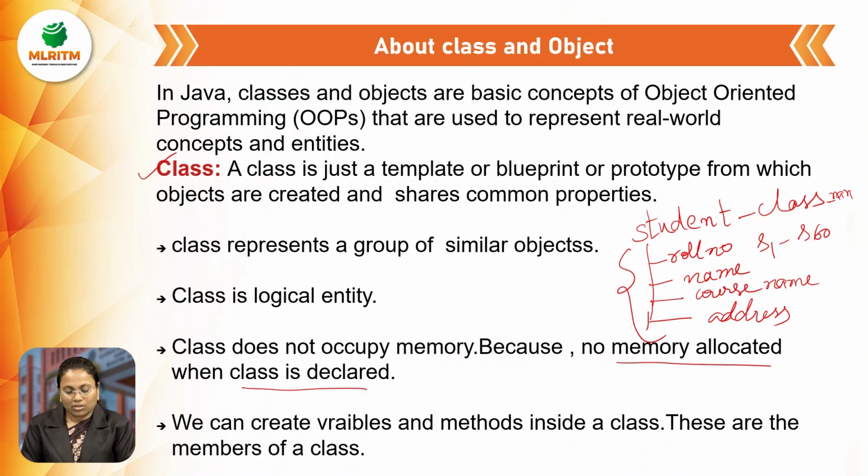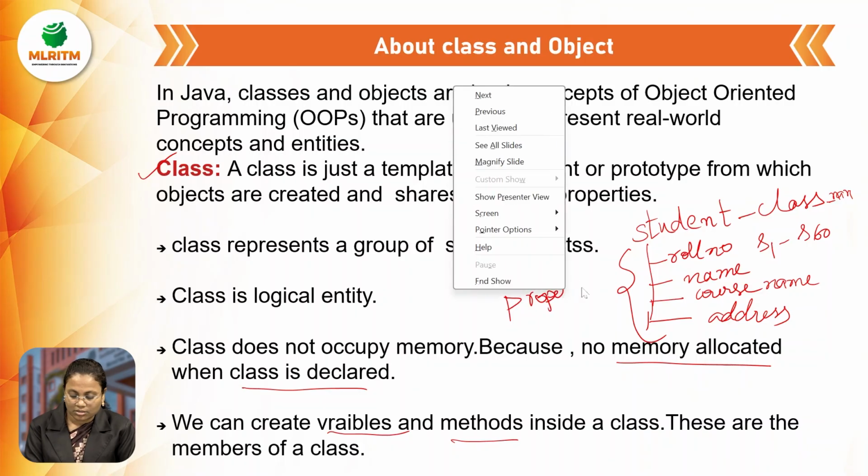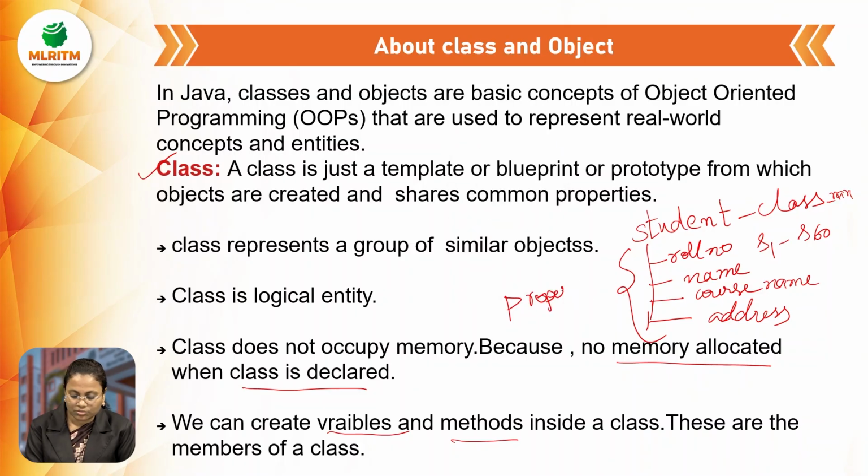Next, inside the class we have variables and methods. Inside the class, what do we write? We write the variables and methods. If I said here that these all are the properties of a student, these properties we can also call variables in a programming language.